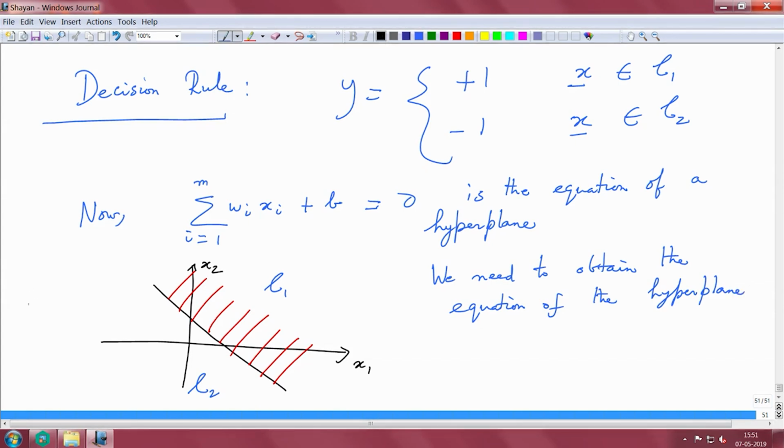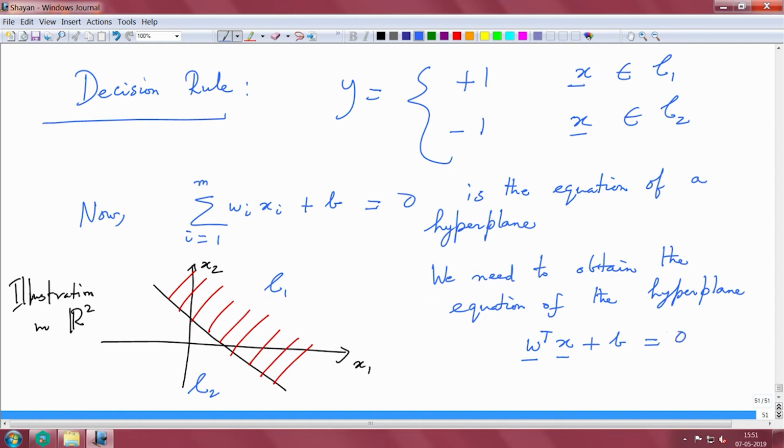Just for clarity, this is just an illustration in R2, but our general equation is W transpose X plus this bias b is equal to 0.